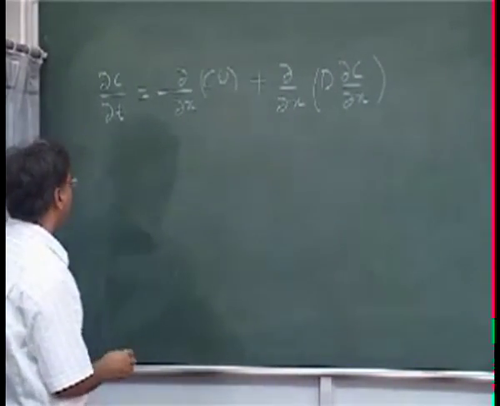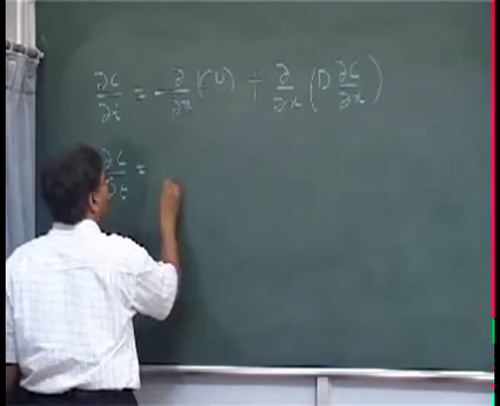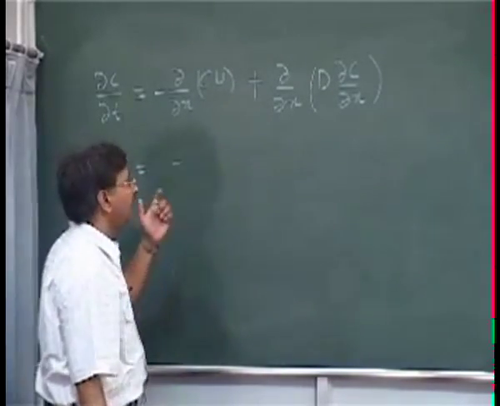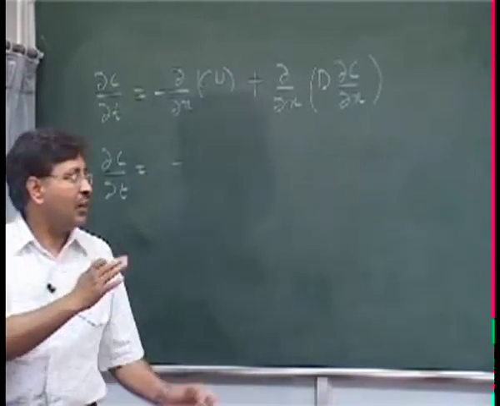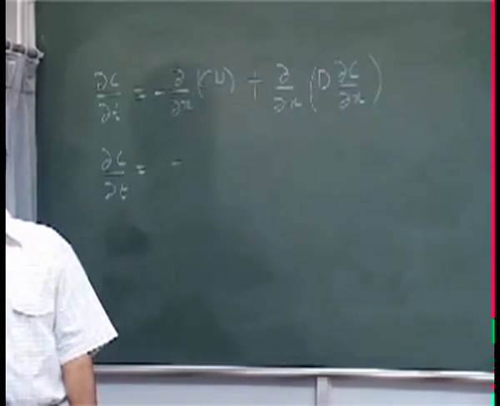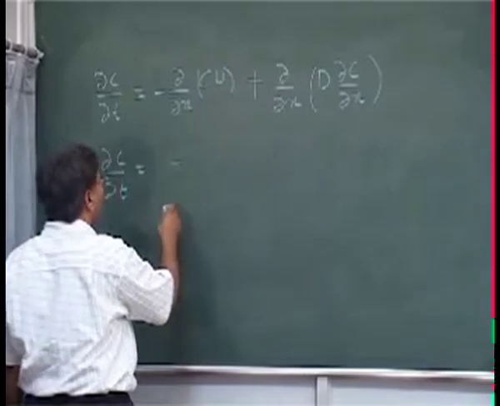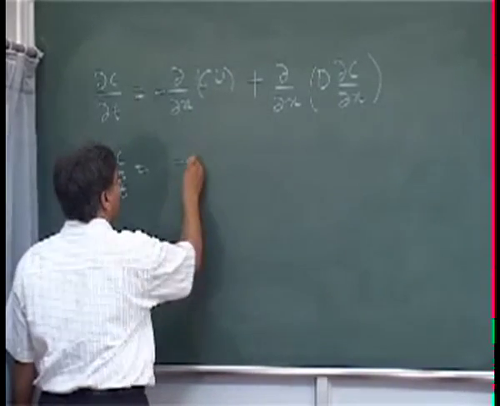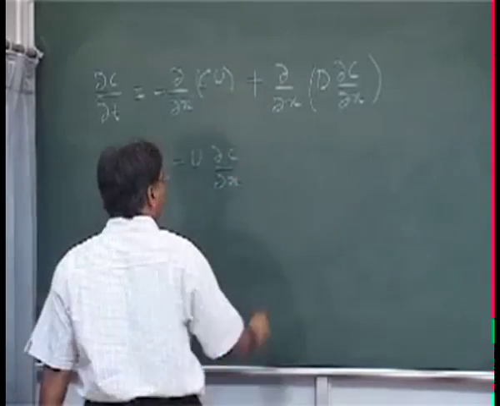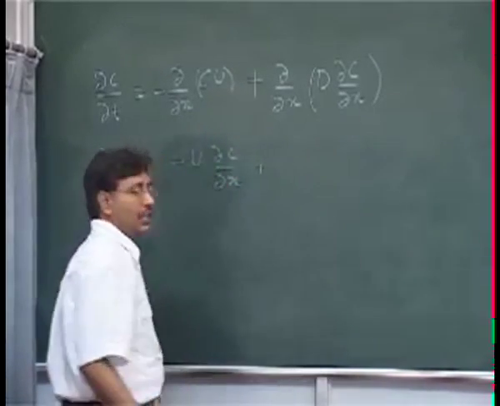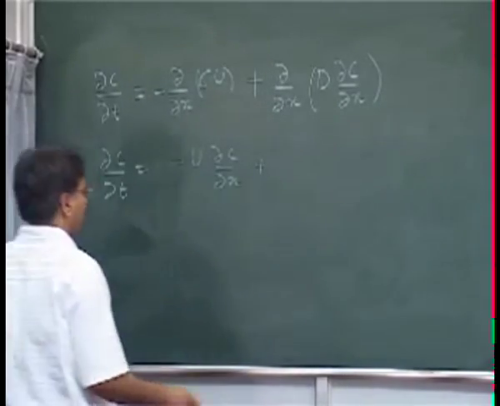Suppose I say u is not a function of x. It means if I am traveling along the direction x, the wind speed does not change in my case. So that is the approximation I am taking, or that's the assumption I am making. So u is out, del c by del x, and I am also saying the diffusion constant is not a function of position. Okay, so this also can be taken out.